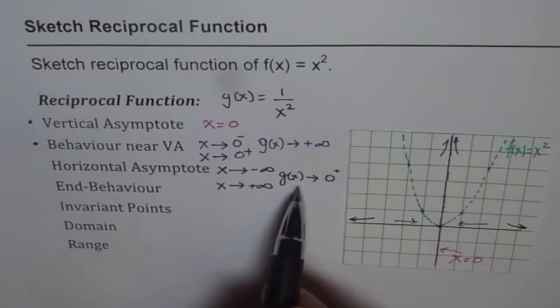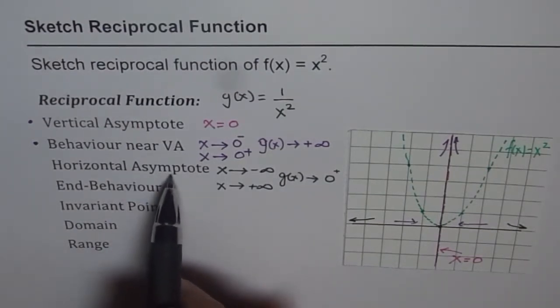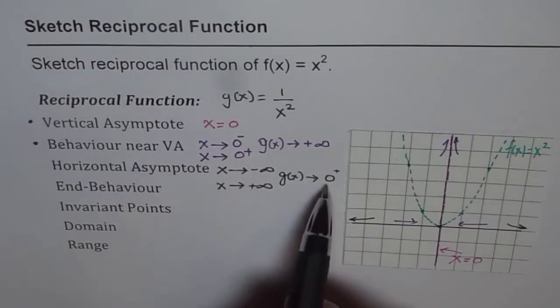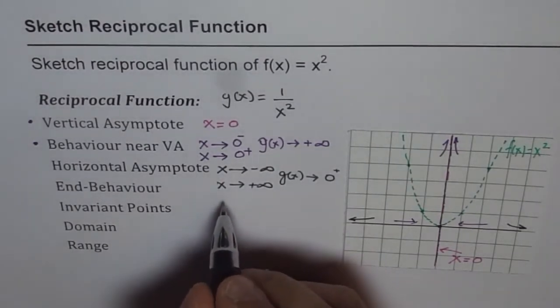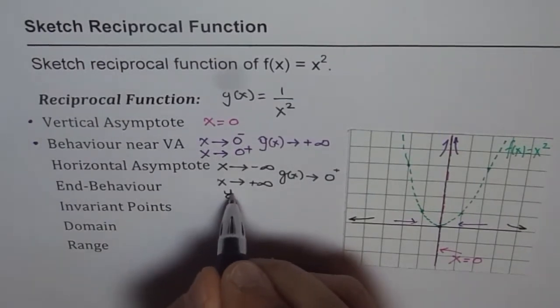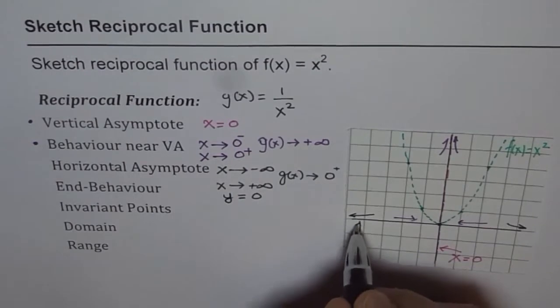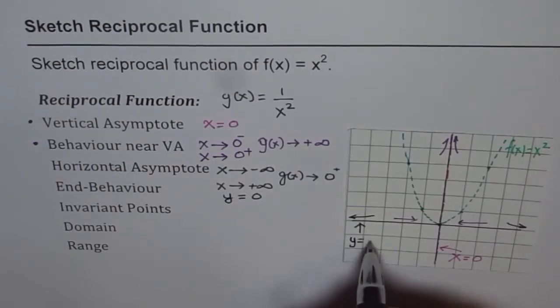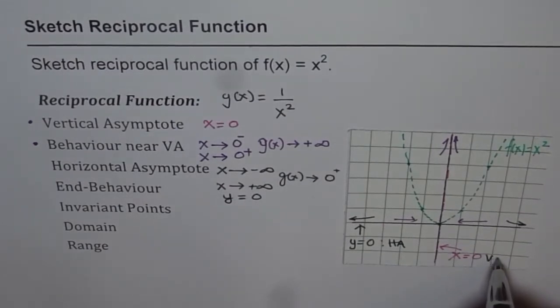And that is what we call end behavior, right? So we do have a horizontal asymptote. Since the function approaches 0, the equation of the horizontal asymptote is y equals 0. So I'm writing here y equals 0 is our horizontal asymptote, correct? This is the vertical asymptote.